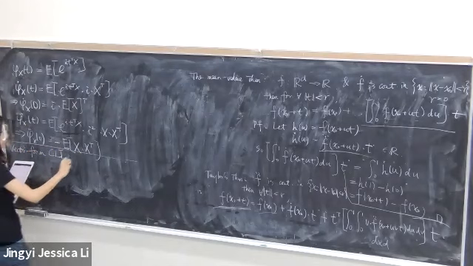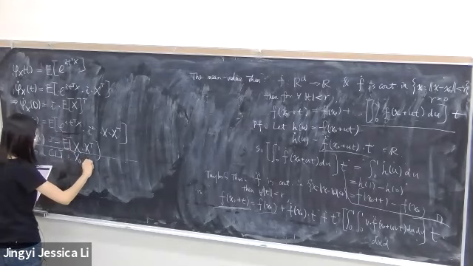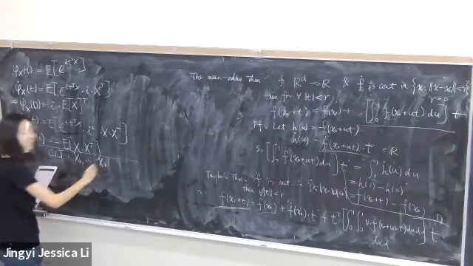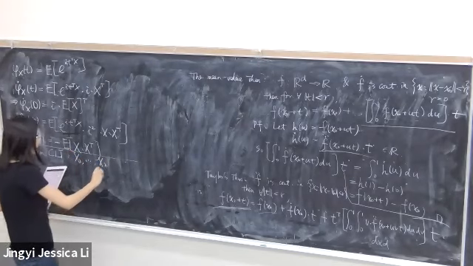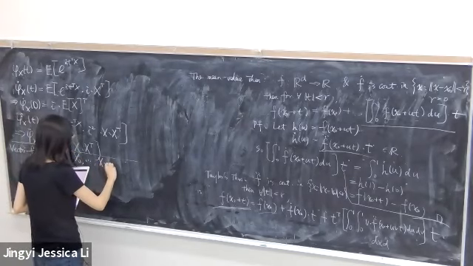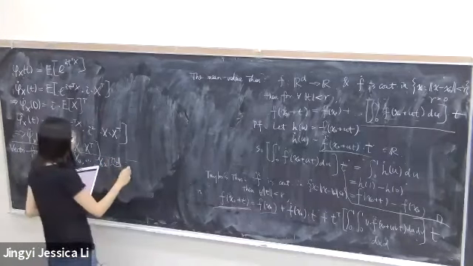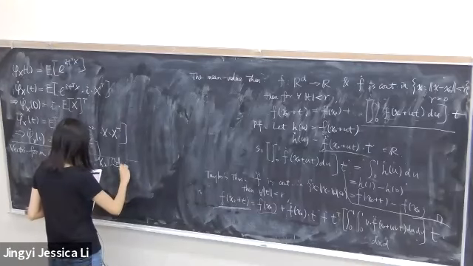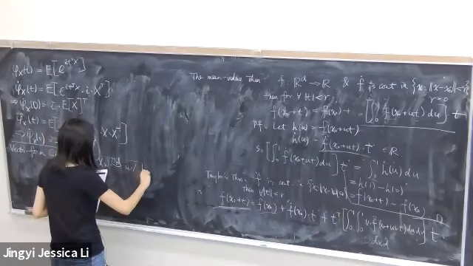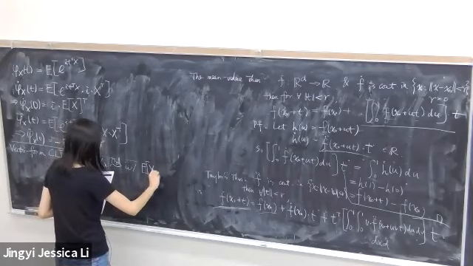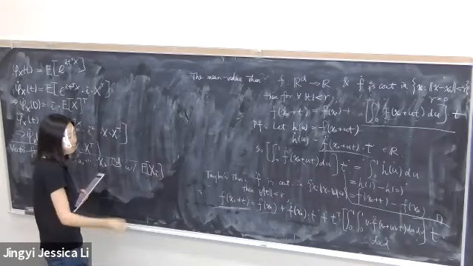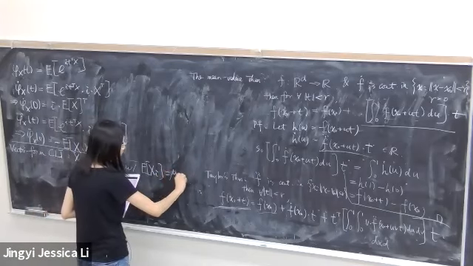Let's say that we have x1 to xn, and they are IID, independent, following the same distribution, with each xi having mean mu.